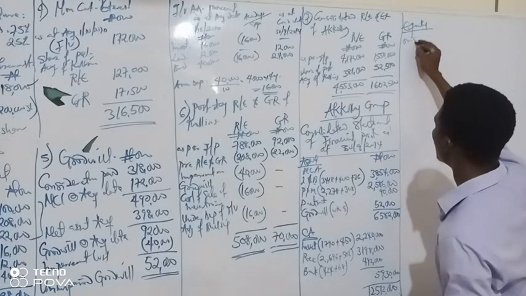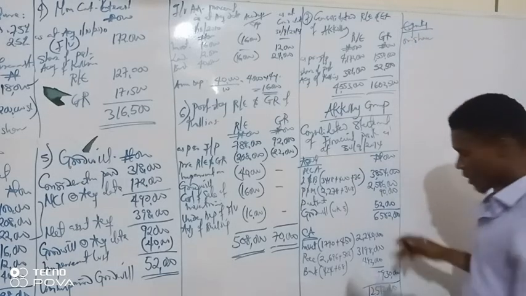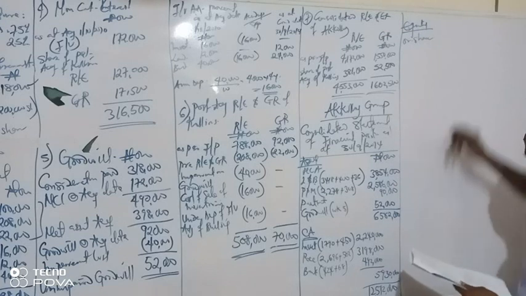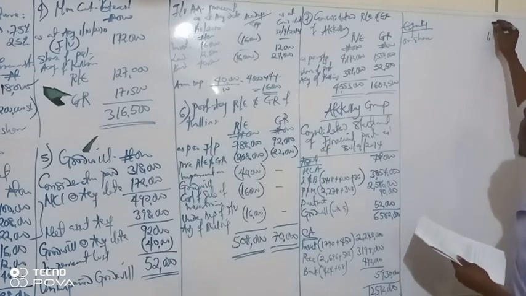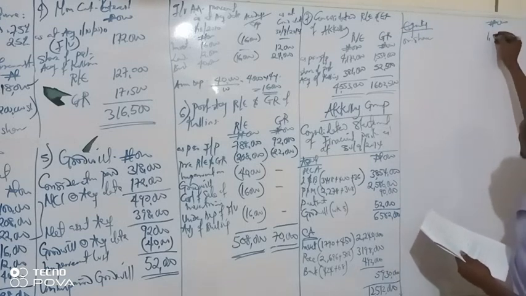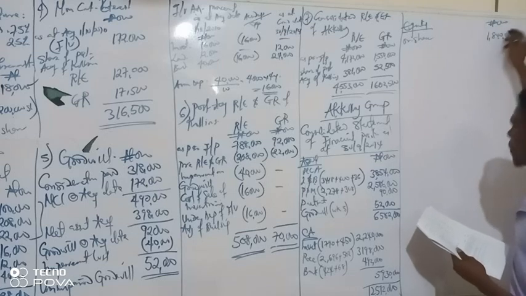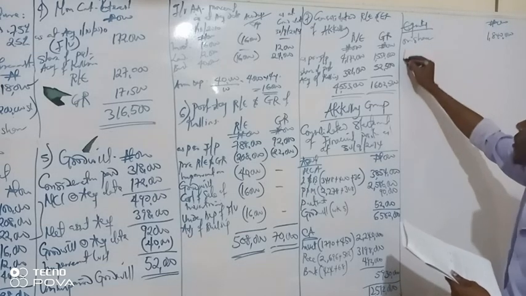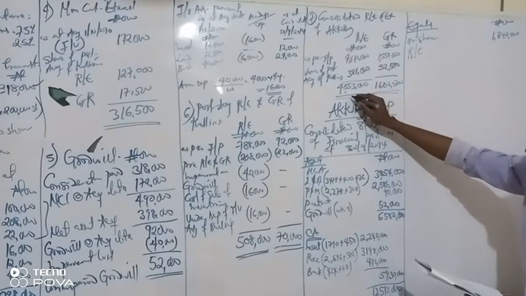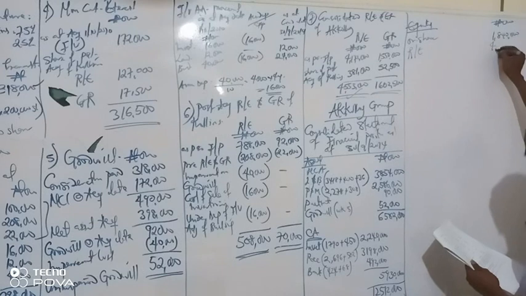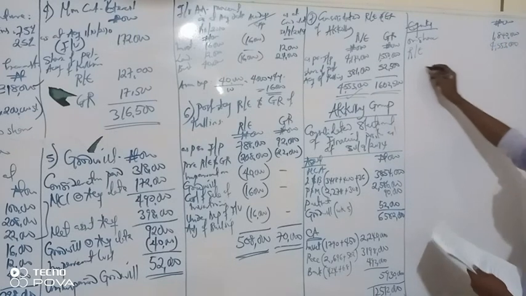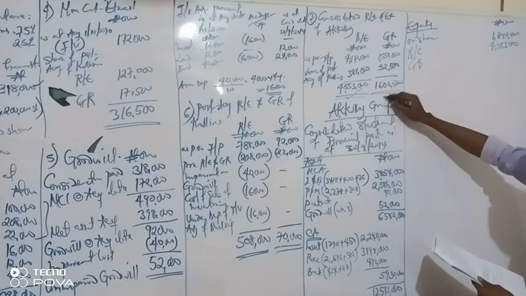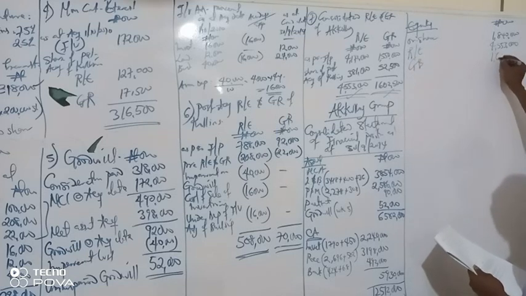Our equity. The ordinary share, parent alone, 1,840,000. Everything is in thousands. Then our retained earnings, these are our workings, 4,553,000. Then our general reserve, 1,602,500.